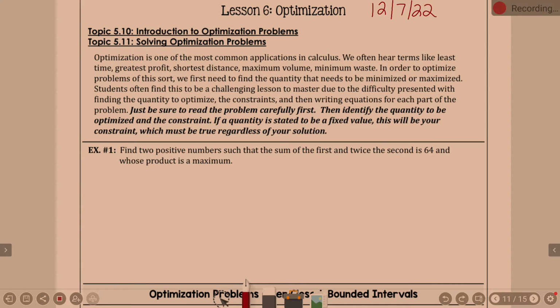the beginning of that forms a pretty obvious equation, if you ask me. You see an equation you can write? Two positive numbers, the sum of the first and twice the second is 64. Officially, if I want to be official here, what do you want to use for the first number?